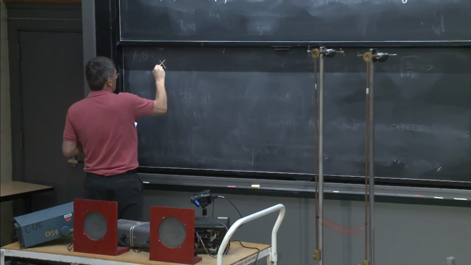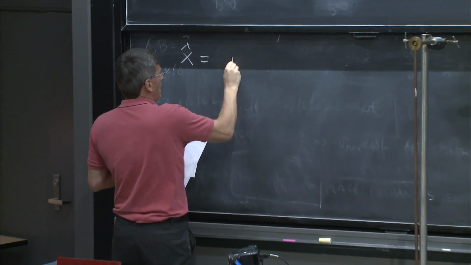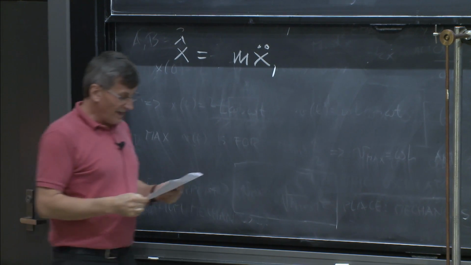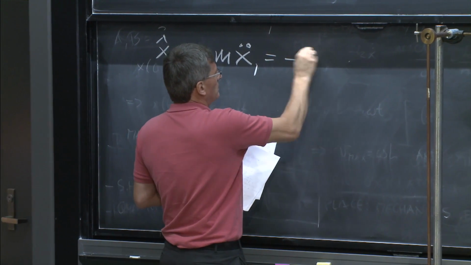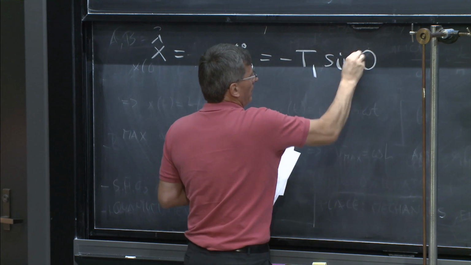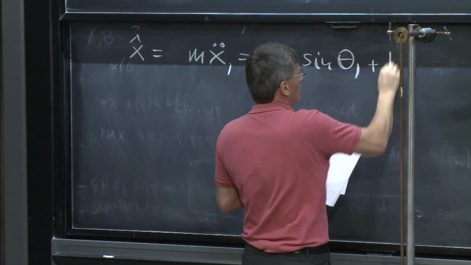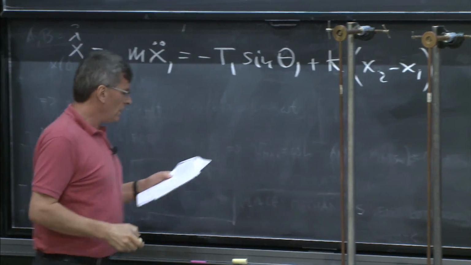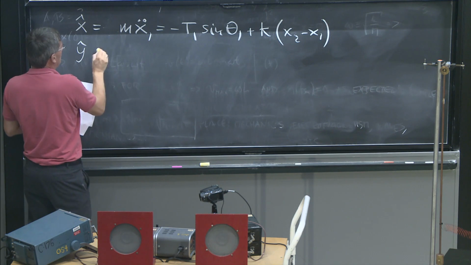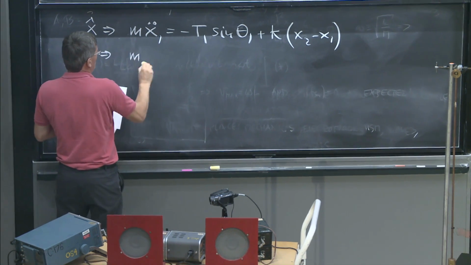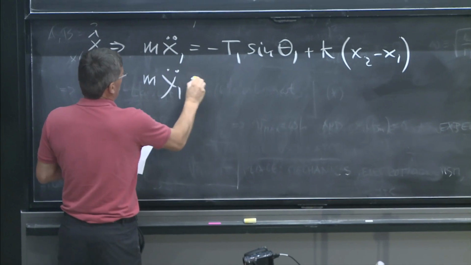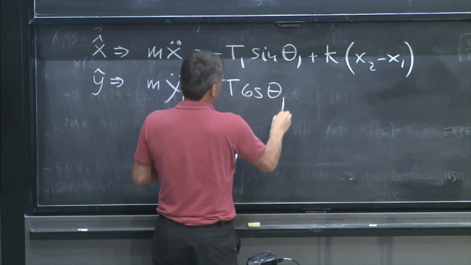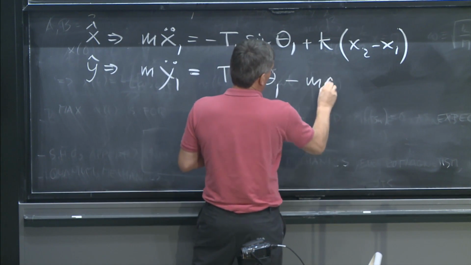In the x hat direction, m times the acceleration of object 1 in x is equal to minus T1 sine theta 1 plus k times x2 minus x1. And in the y hat direction, we have m y1 double dot equal to T cosine theta 1 minus mg.